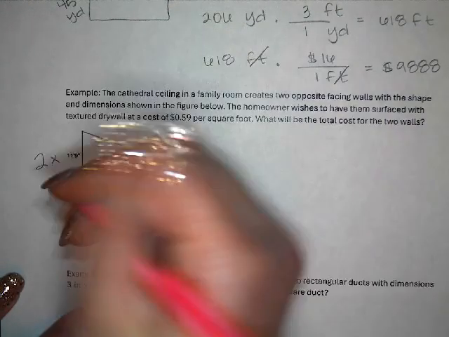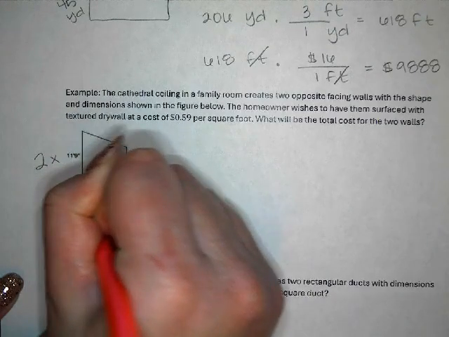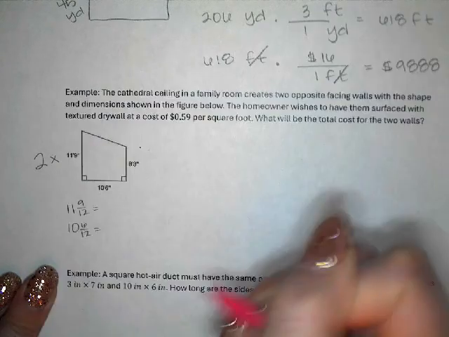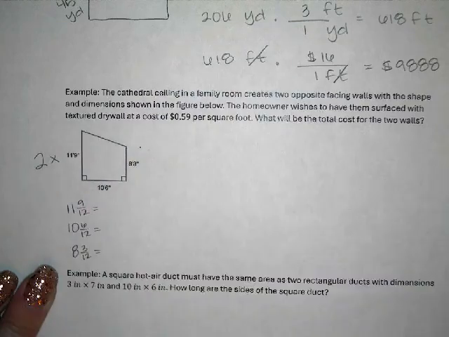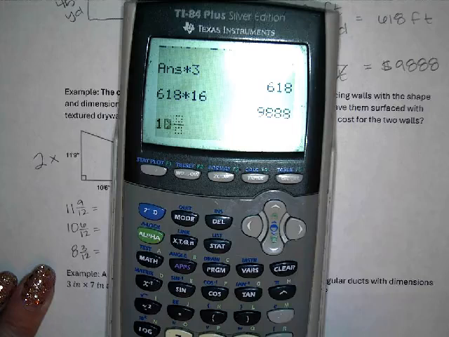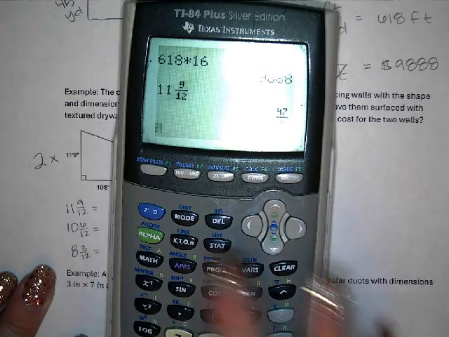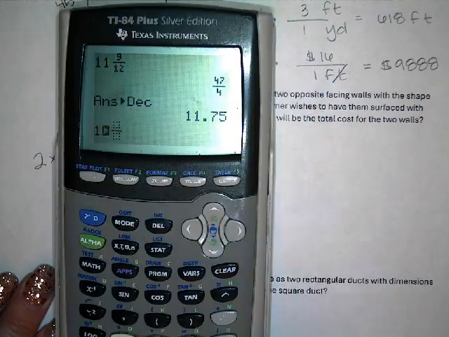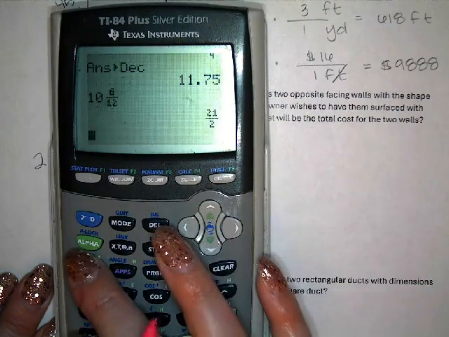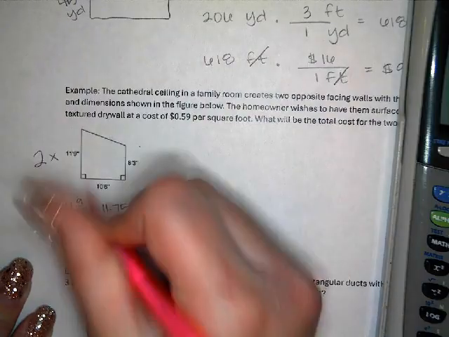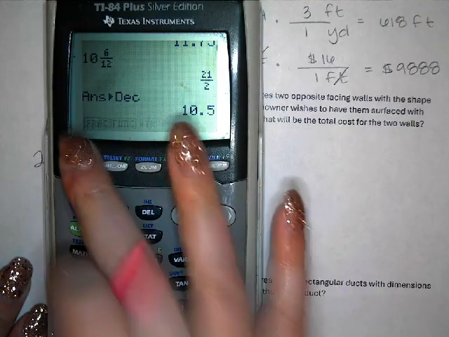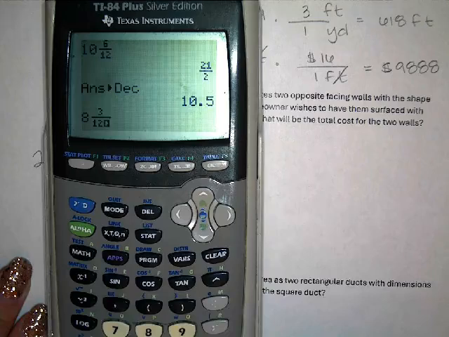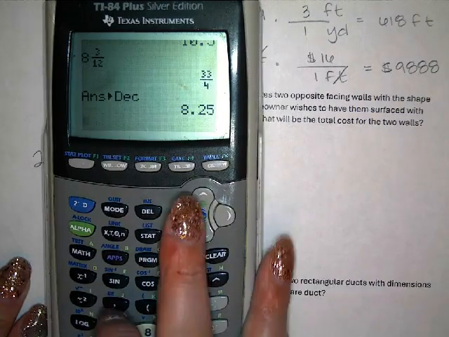So 11 and 9/12, 10 and 6/12, 8 and 3/12. Okay, so I need 2 of these.